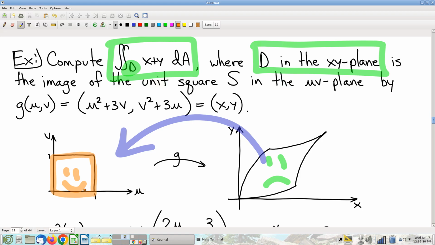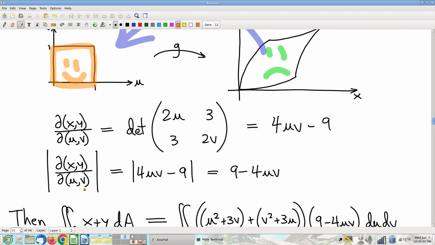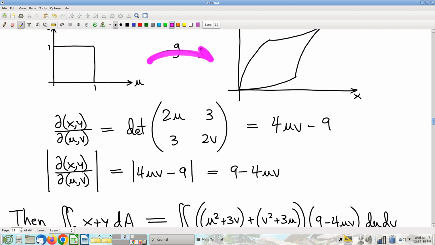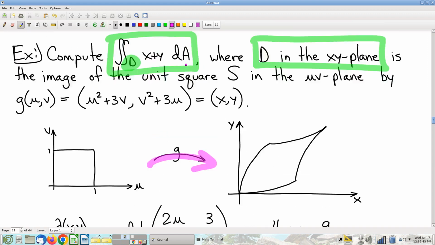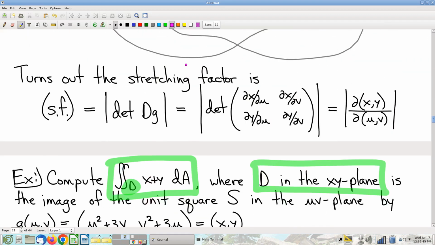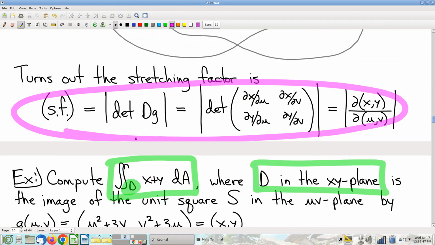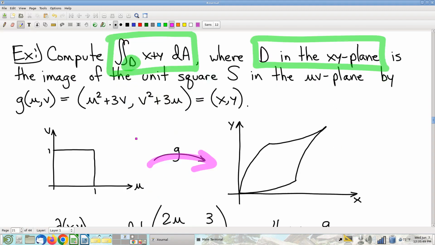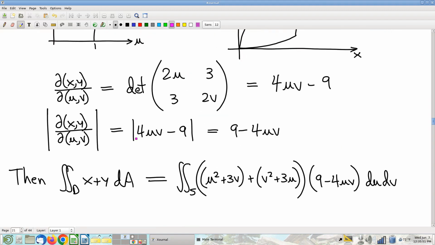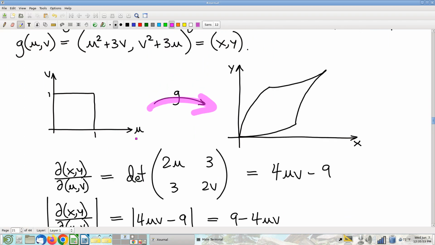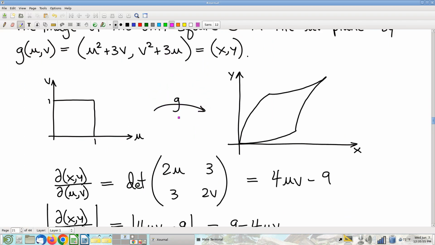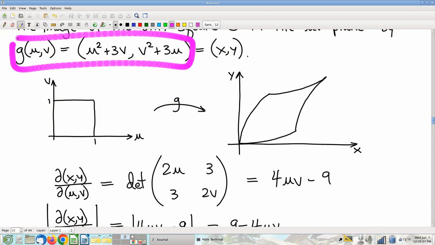Okay. Now we have to worry about the mechanics. We need to know what the stretching factor is for our change of variables function. We have a formula, and this is straight up plug and chug. Here's the stretching factor. Take a deep breath and start going. Let's see here. Now here it is, here is our change of variables function.